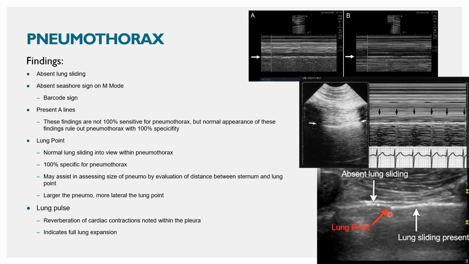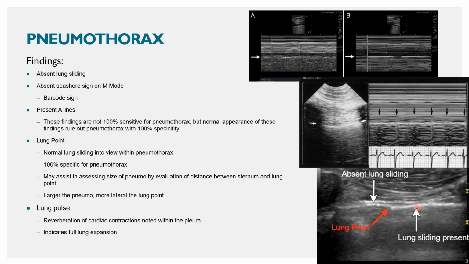Now that is considered the lung point where you see that interface between the aerated area of the lung and the non-aerated area and helps identify the extent of that pneumothorax. This is the one sign that is 100% specific for pneumothorax and again can help you identify the size of the pneumothorax, which may help you with your treatment plan and any procedural placement of a tube or something like that.